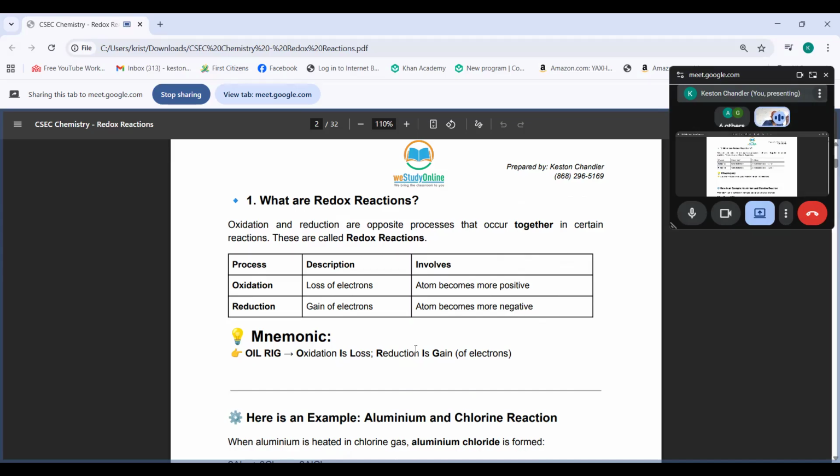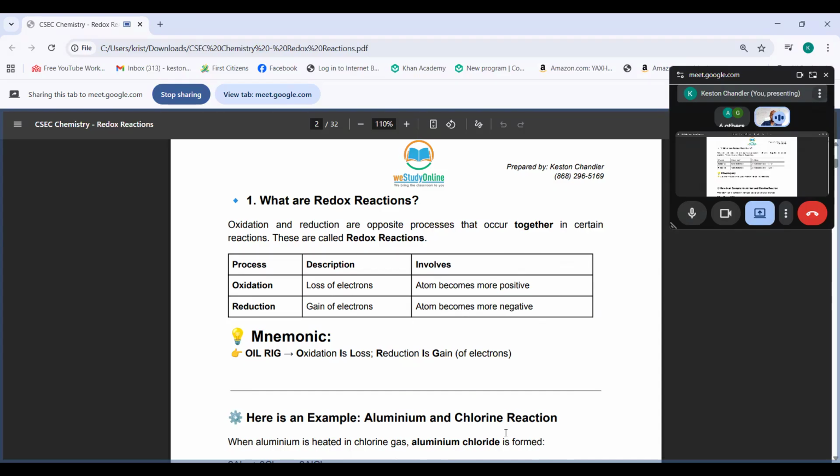It loses one of the electrons on the outside, and this goes to the chlorine atom, which also becomes an ion. And when sodium loses that outer shell electron, it becomes positive because now there's an imbalance in the number of protons and electrons.